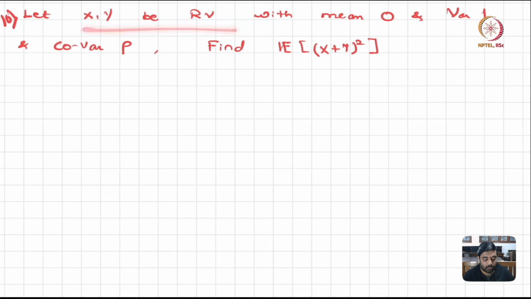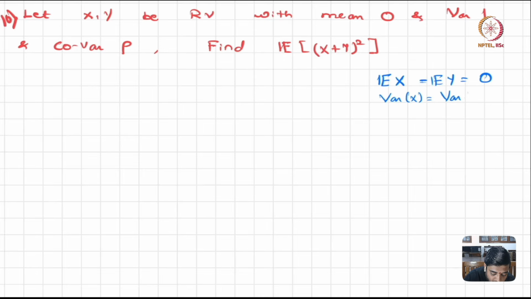Let x and y be random variables with mean 0 and variance 1, both of them. Whenever you get a problem like this, always write it: expectation of x equals expectation of y equals 0, and variance of x equals variance of y equals 1, and then the covariance between x and y is rho. Now find the expectation of x plus y whole square.